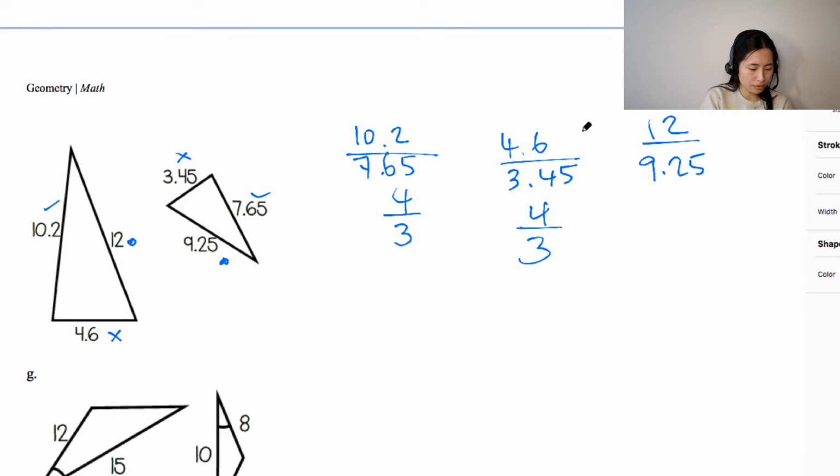And then if you have 12 divided by 9.25, here's the thing: this is where things become off. If you type this into your calculator, you would get 48 over 37. If one throws you off, that means these two triangles are not similar. So it's a no. So F is a no.